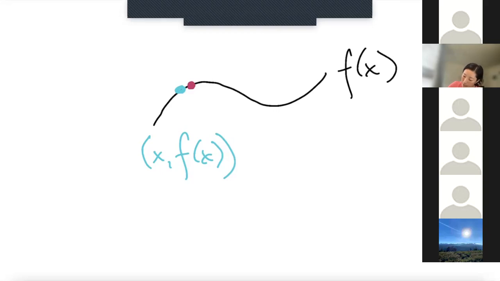And the distance between these two points in the x direction, I'm just going to call that h. So I started at x and then I went over h units.